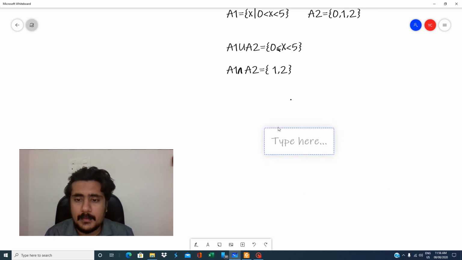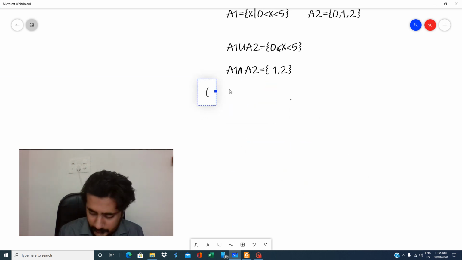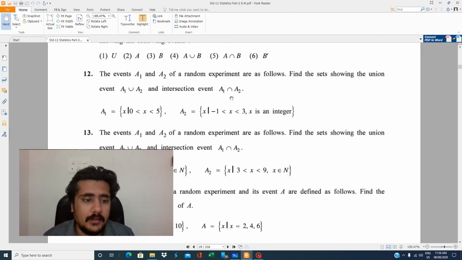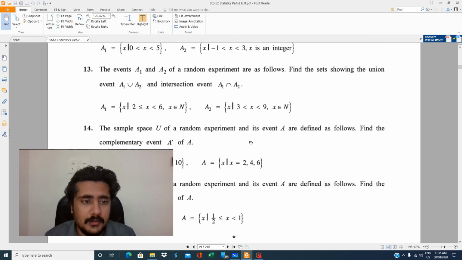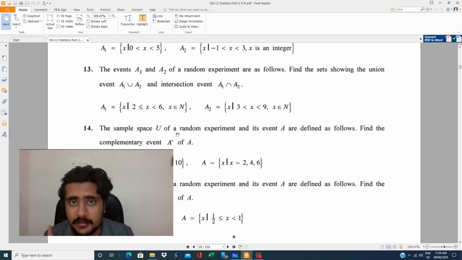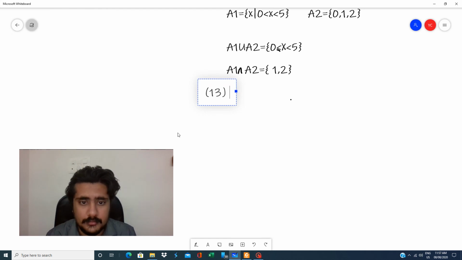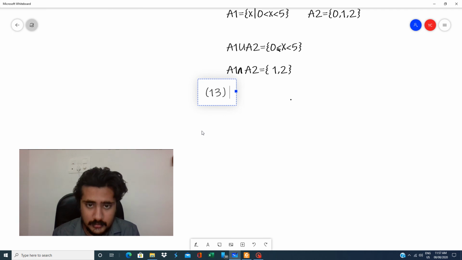Then let us start the 13th sum. Okay. Now what is this 13th sum? A1 is equal to x, 2 less than x less than 6. Here also you need to find union and intersection. Okay. So let us write the question.